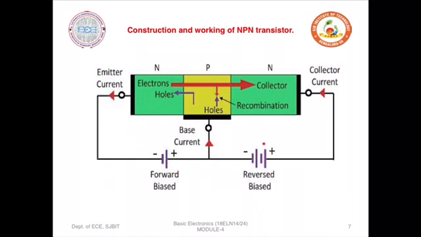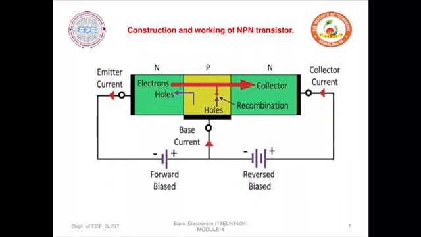And what about the PN junction? P is negative and N is positive. So this now becomes reverse biased. Since the base emitter junction is forward biased and the collector base junction is reverse biased, all the carriers that are injected into the emitter are swept away through the base into the collector.